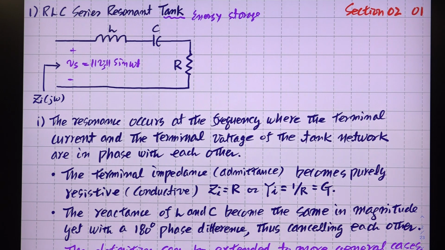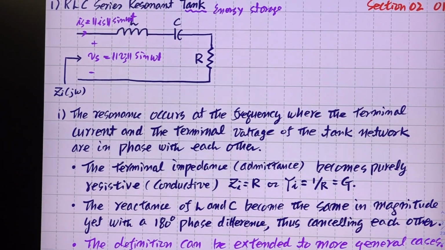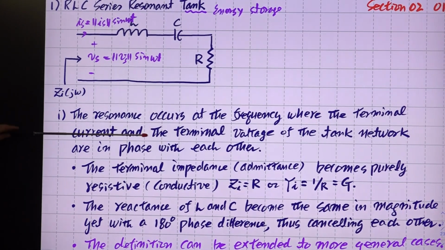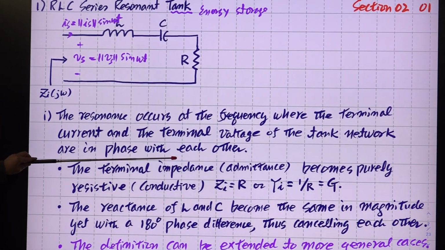Then the terminal current has a different magnitude, but it is the same sine wave at the same frequency without any phase delay. At resonance, the terminal input voltage and terminal current are in phase: the terminal current and terminal voltage of the tank network are in phase with each other.